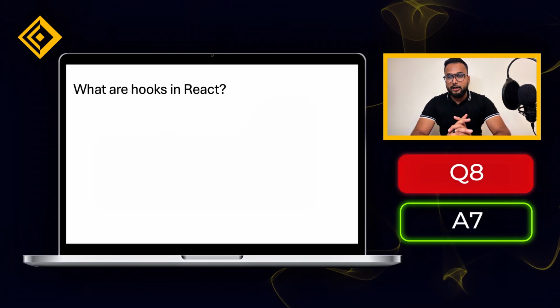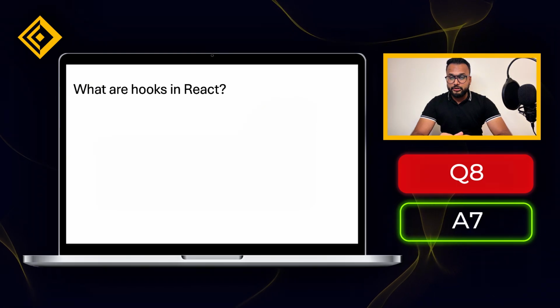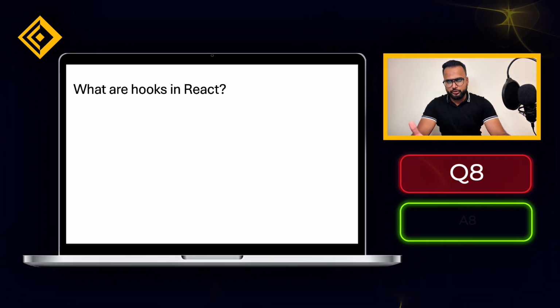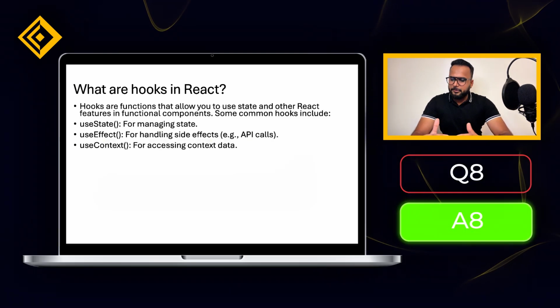After that, what are hooks in React? A very typical question, and I believe personally everyone knows about it. This is a very major update of React and people are using hooks an uncountable number of times in their applications: useState, useEffect, useContext. I think it's impossible that you haven't used useState, useEffect or useContext in your application if you're working with React.js. Those are the most common hooks.